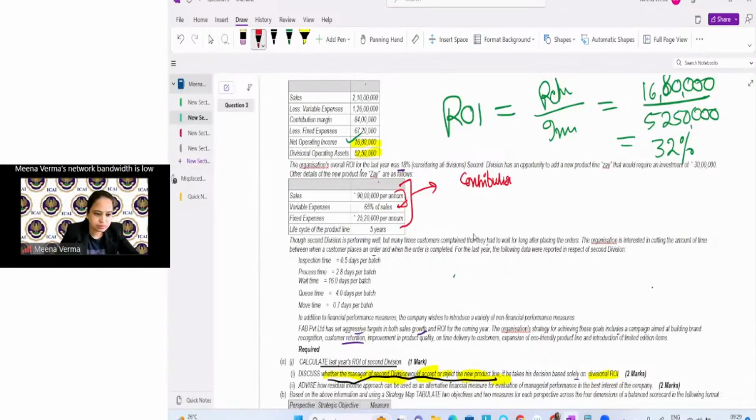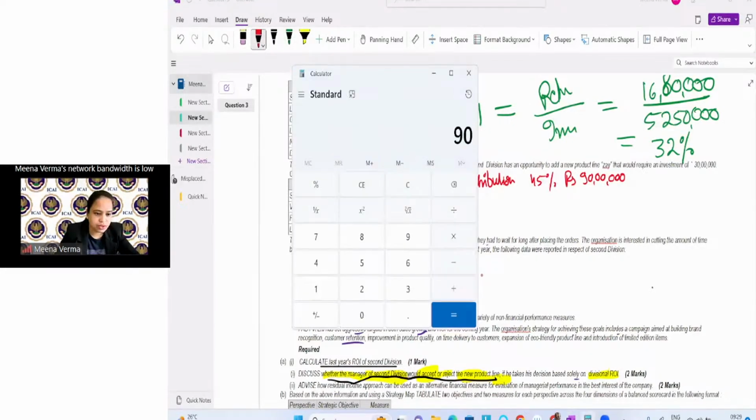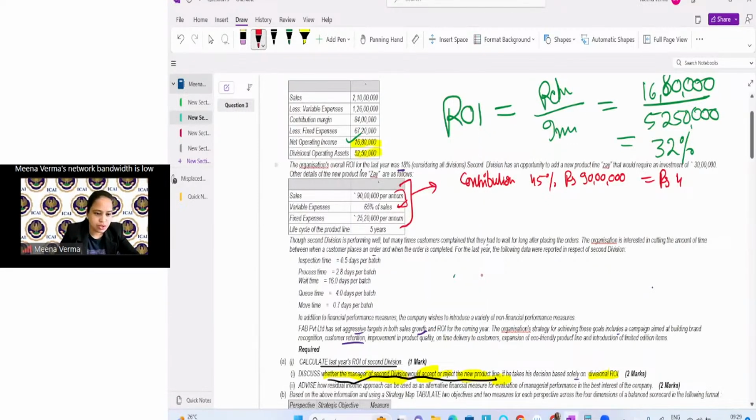We will multiply it with 45%. This is coming as rupees 4050. This is the contribution of the company. If the variable expense is 65%, subtract the variable expenses from the total sale, you will get the contribution.